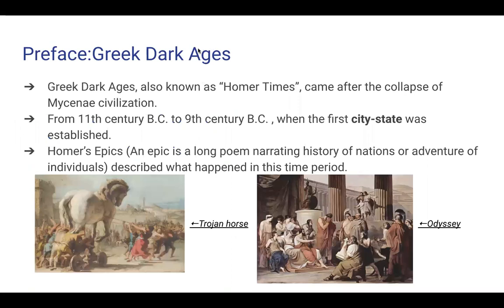The Greek Dark Ages is a preface. It's pretty much like a preface of ancient Greece, which was really an epic period. The Greek Dark Ages, also known as the Homer times, came after the collapse of Mycenaean civilization, from the 11th century BC to the 9th century BC.